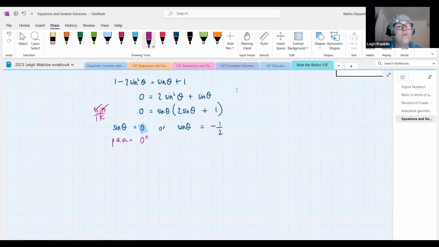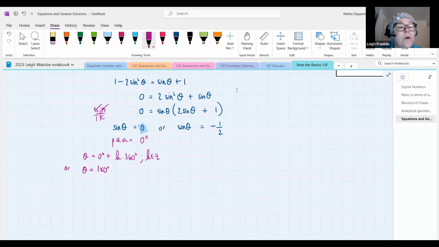So in quadrant 1, our angle theta would be equal to 0 plus k times 360, k is an element of the integers. Or in quadrant 2, we would end up with theta equals 180 minus 0 degrees.